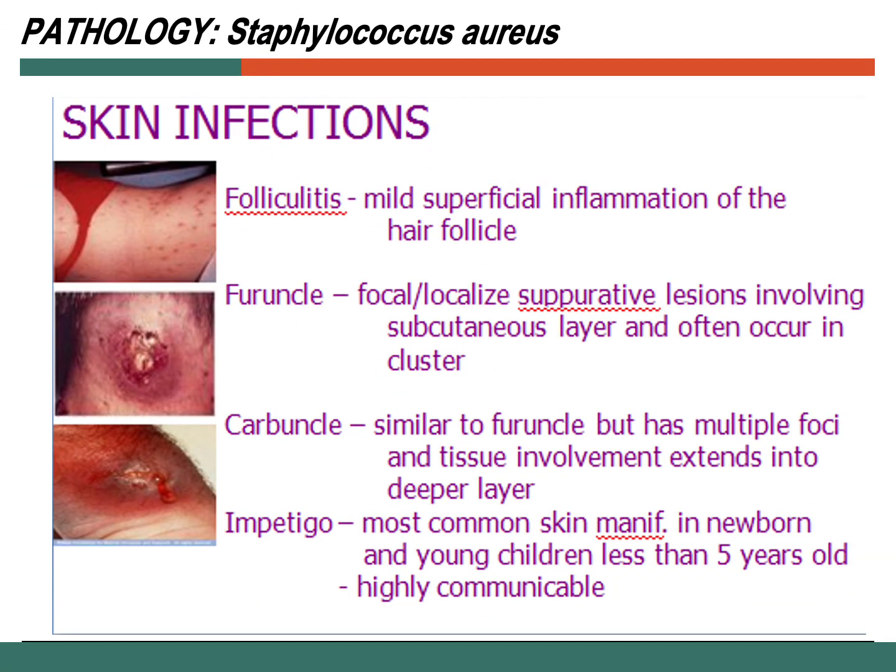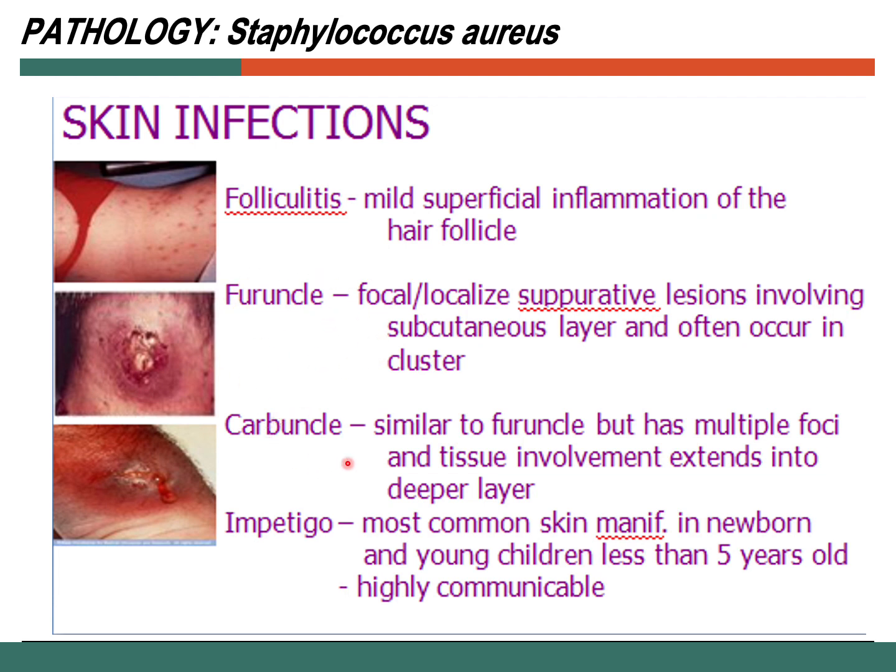You also have skin infections, so you have folliculitis, furuncles, carbuncles, and even impetigo. Folliculitis is inflammation of the hair follicle, and if it spreads into the tissue causing boils, that's already furuncles.